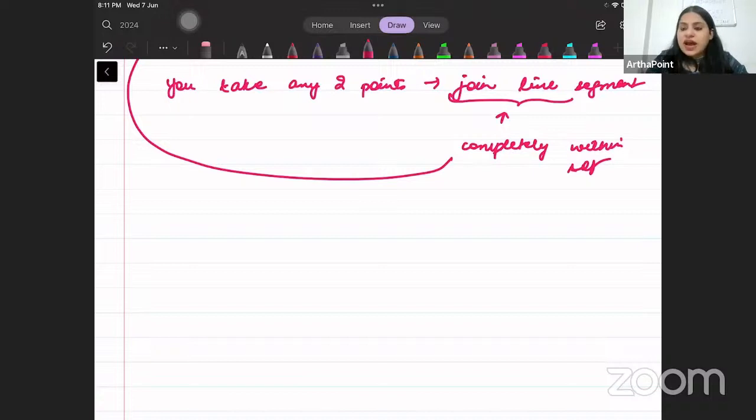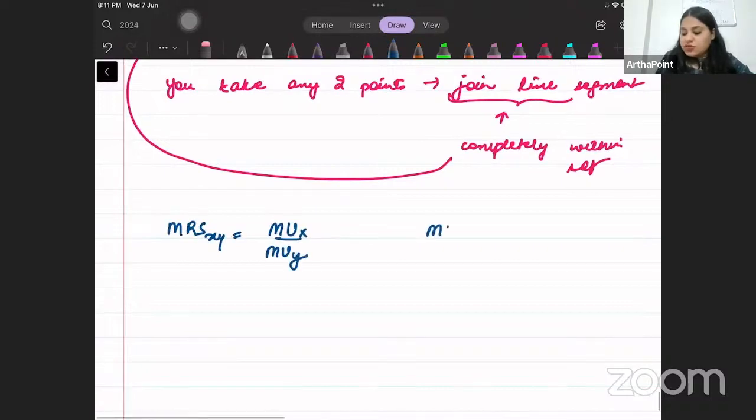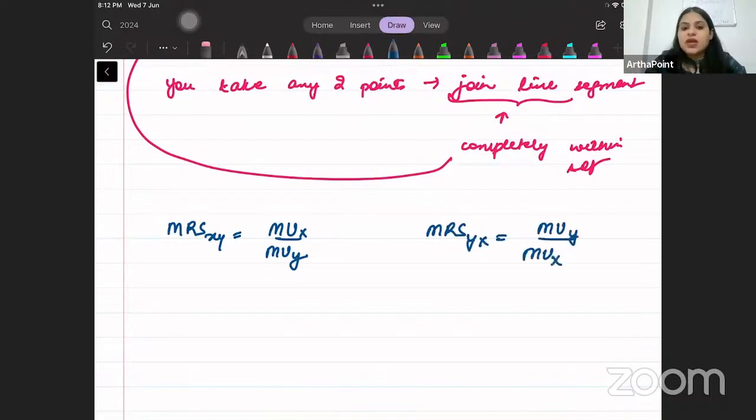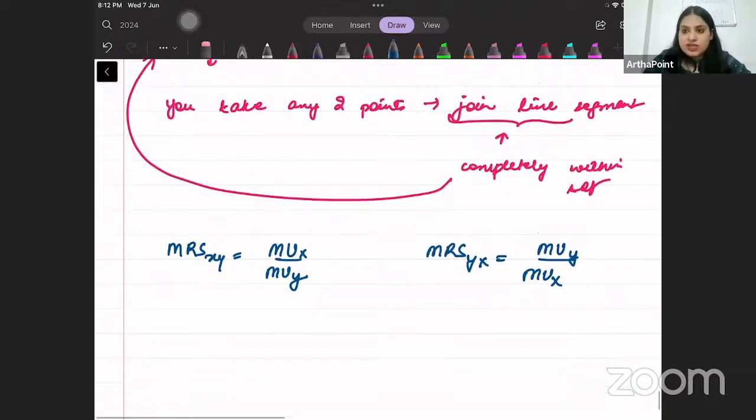They're kind of reciprocal of each other. When I say opposite, then numerator becomes denominator, denominator becomes numerator. That's the difference. Yes, you're right when you say that for substitutes, the two can be equal because you just get 1 in both cases. Okay. So I hope this is clear.